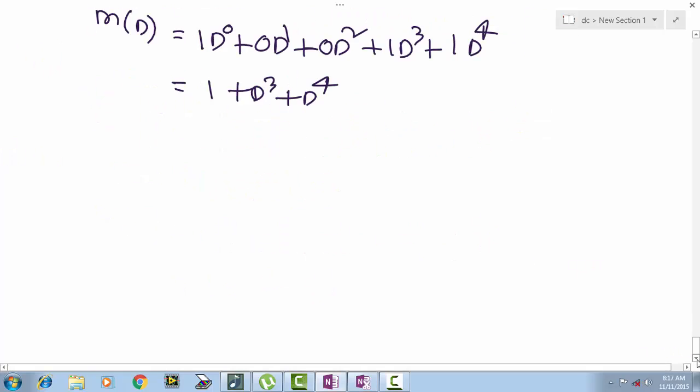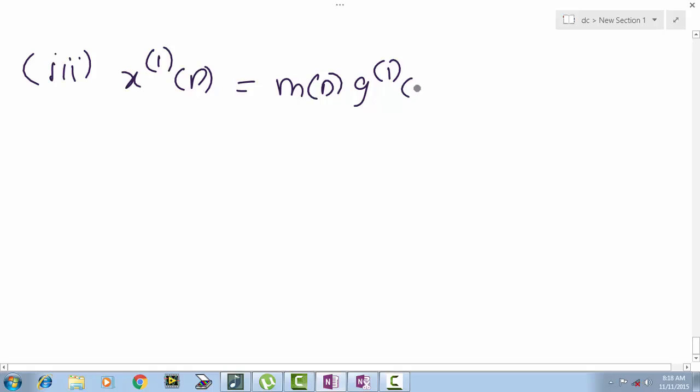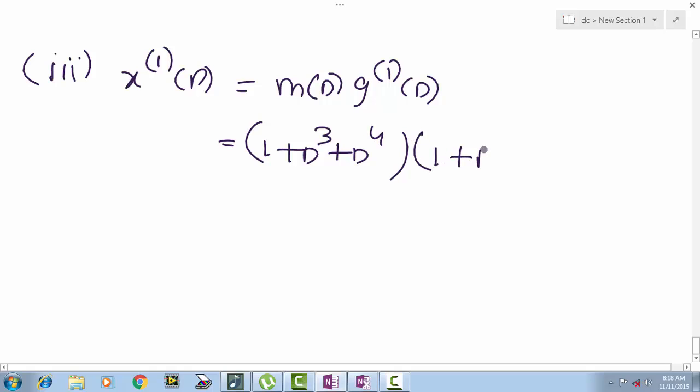Now third step. So obtain the two outputs. x1 of d. Okay, so x1 of d is obtained by multiplying m of d with g1 of d. So we got m of d is equal to 1 plus d cube plus d power 4 multiplied by g1 of d, which we got as 1 plus d plus d square.